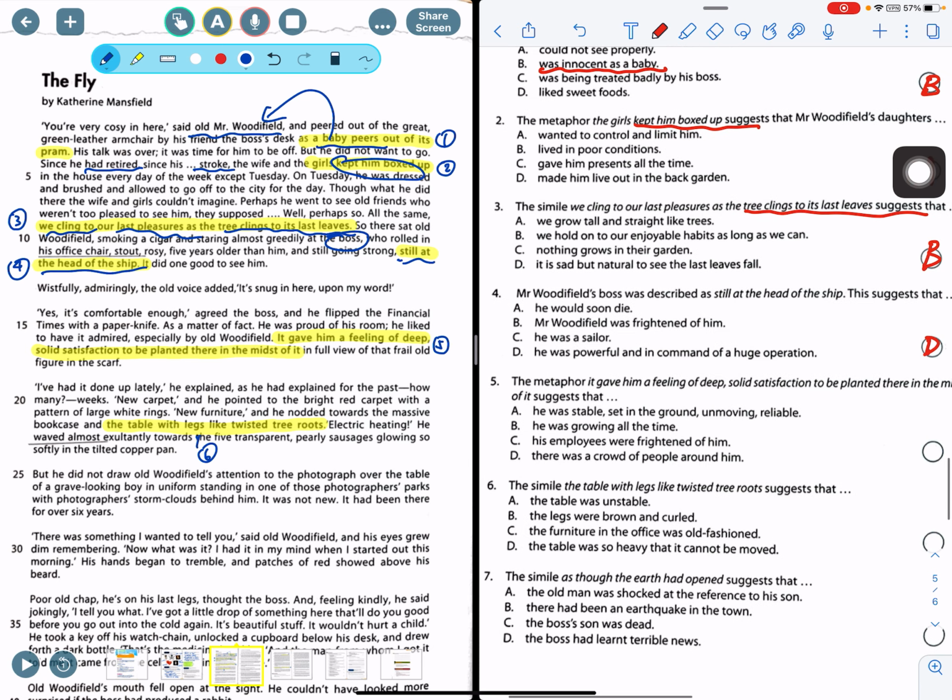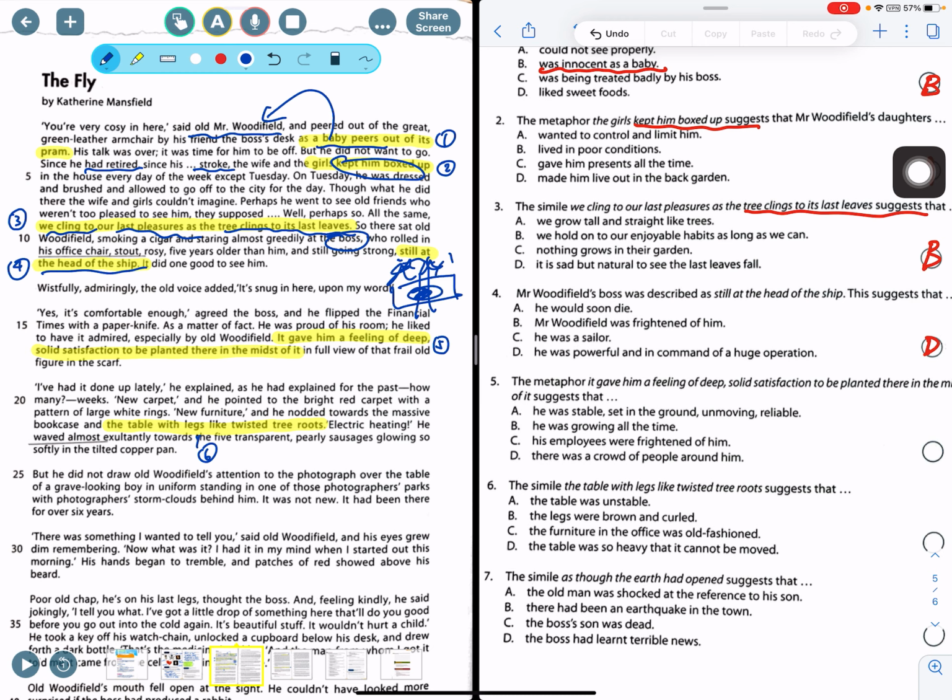And the next one: he liked to have it admired. It gave him a feeling of deep solid satisfaction to be planted there in the midst of it. So it's like this is the ground and there the tree is planted very well right here. Sorry for drawing, I don't even know what I'm drawing right now, but it doesn't matter.